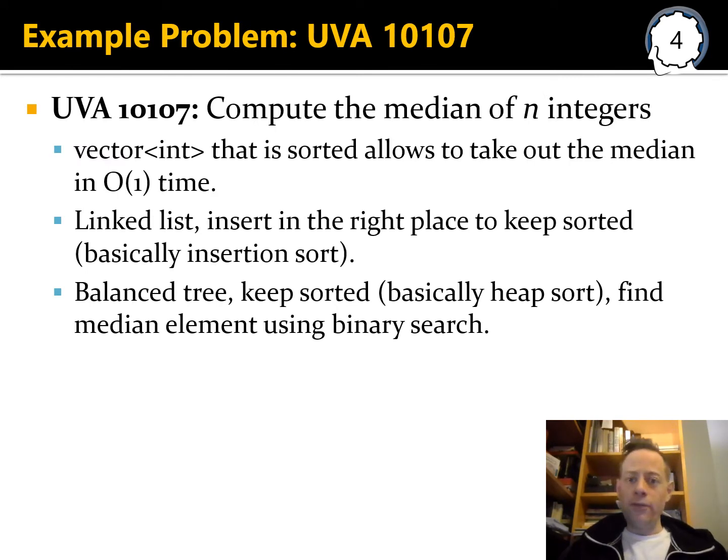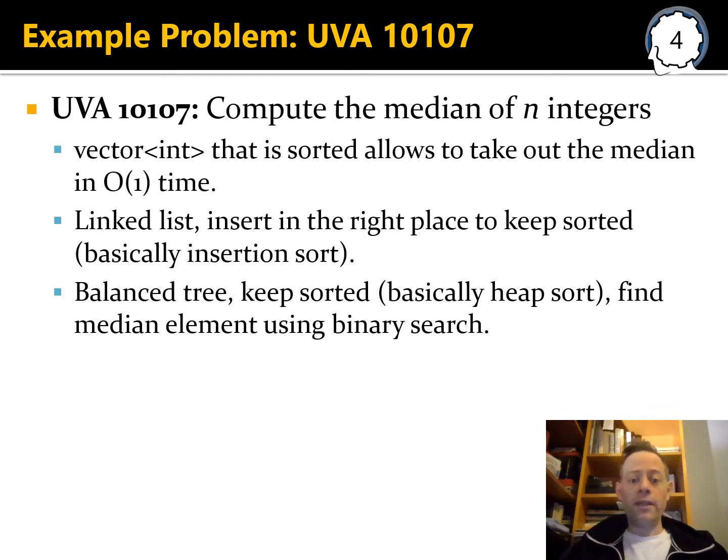Just to give you some examples of how these can be used. There is a UVA problem called 10,107, which basically is about computing the median of n integers. So it means that you need to always be able to ask what is the current median in your data set.